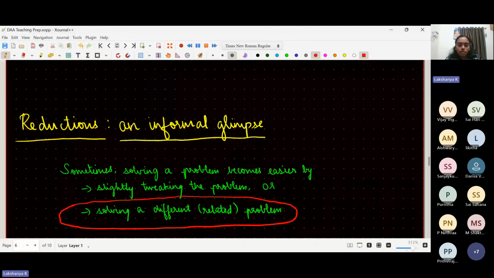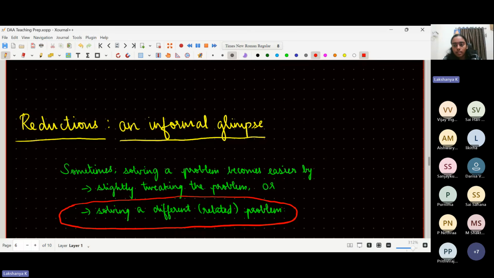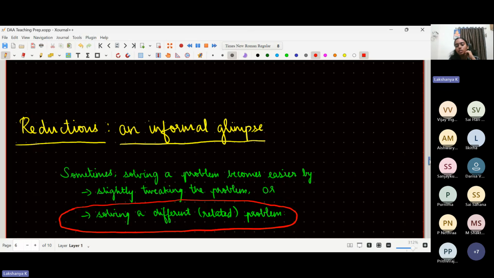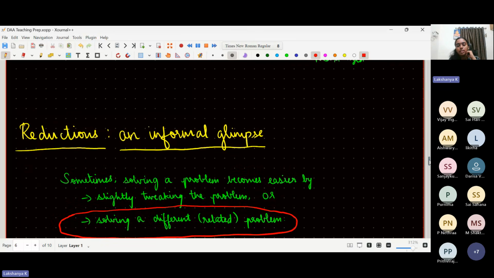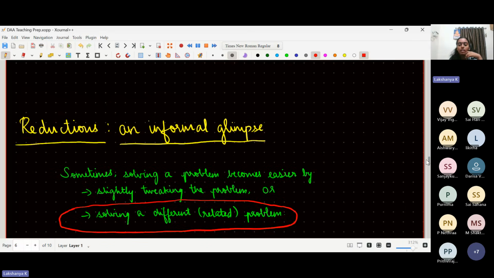You don't know the answer to the second question on an MCQ test. You go ahead, you solve the sixth question. That gives you an idea or reminds you of something. That helps you go back and solve the second question, right? So the sixth question was a different question, but something related. And the idea was you were able to use the solution of question 6 to somehow arrive at the solution of question 2.